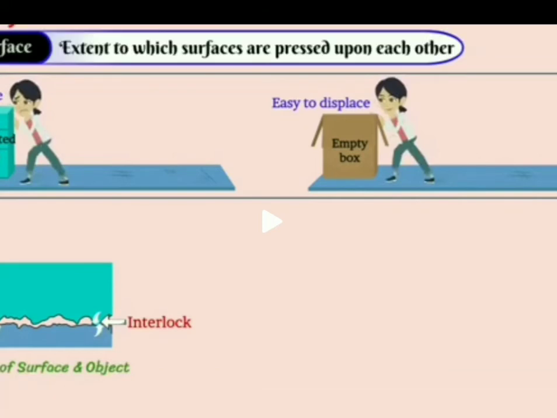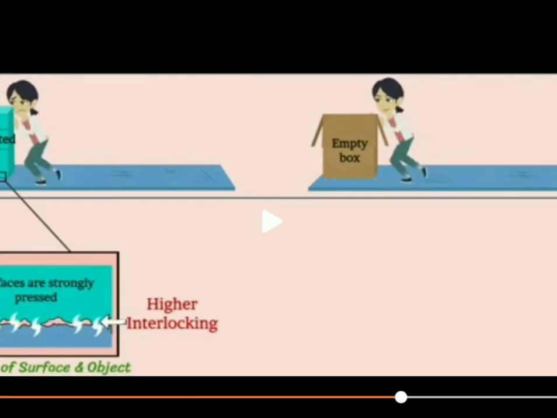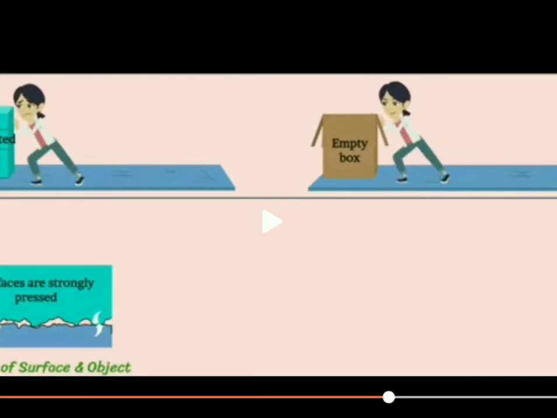And so we were learning about the extent to which surfaces are pressed upon each other. If the object has more weight, the interlock will be more, and if the object has less weight, the interlock will be less. So see, can you see?